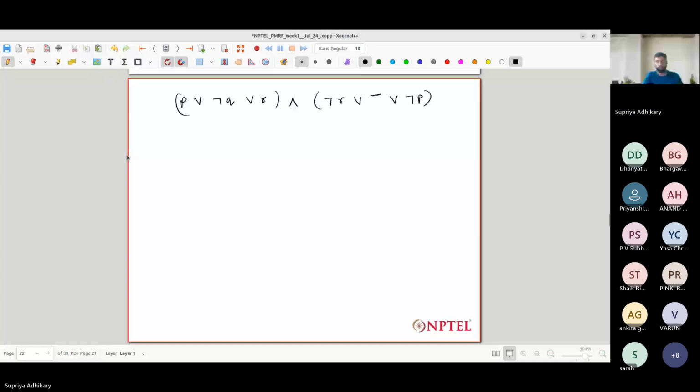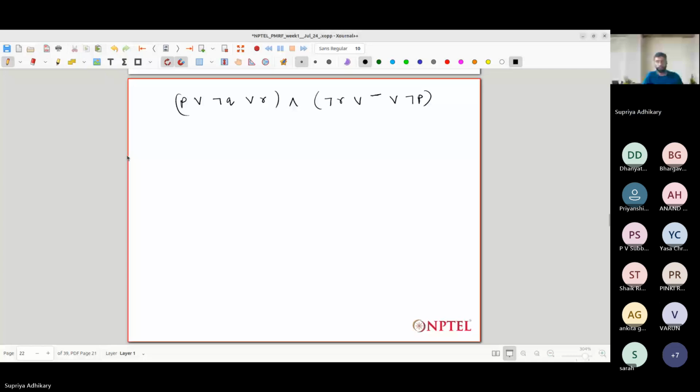Compound proposition C, and we do this composition. So this is about the dual of a proposition. Now, I have given the example, we have done all of this in the previous example.